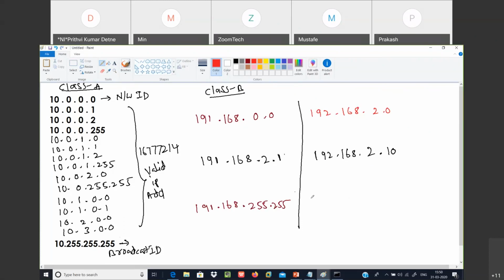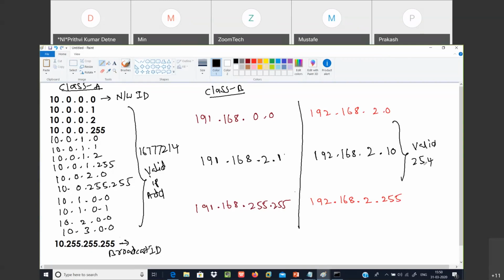The broadcast ID is 192.168.2.255. Between them, all IPs are valid. How many IPs are valid between them? There are 256 in total, and out of 256, two are subtracted, one for the network ID and one for the broadcast ID, which means 254 are valid.